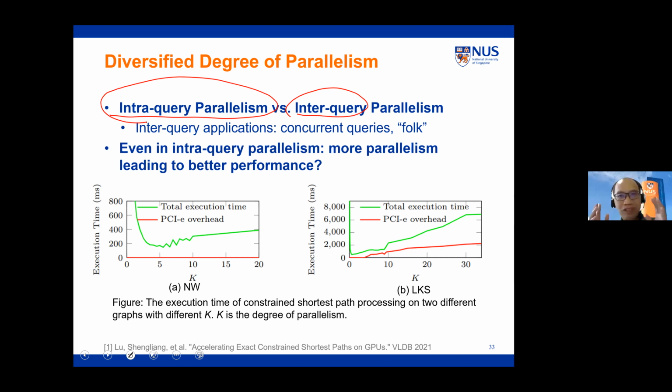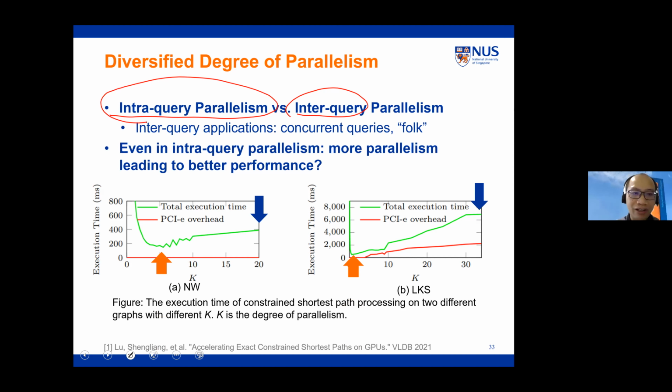But even just in interquery parallelism, we identify that as the workload changes, the interquery parallelism also has to be revisited. I show you one thing here: this is the performance of constraint sorted paths on GPU. If we vary the number of threads used in constraint sorted paths, it's very interesting that we see a concave curve.